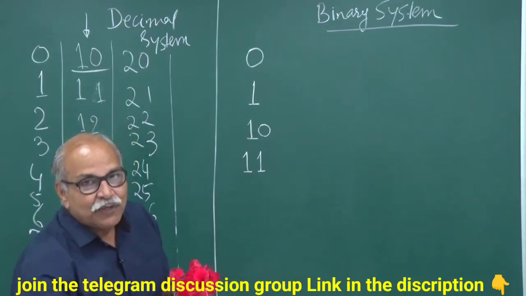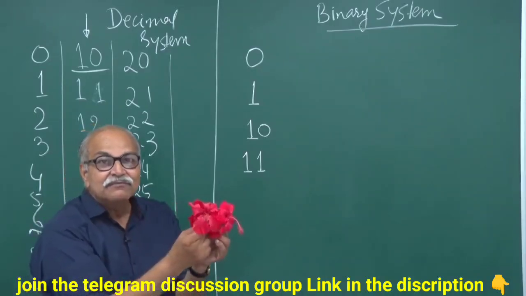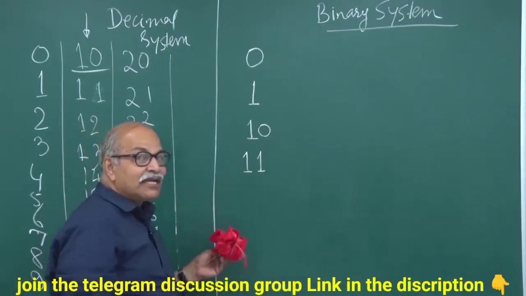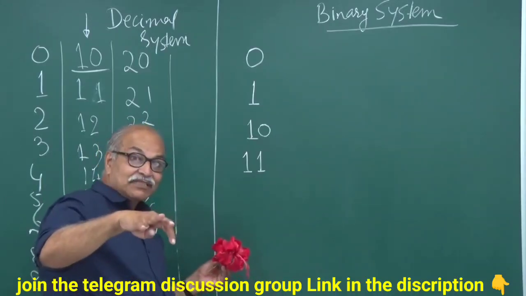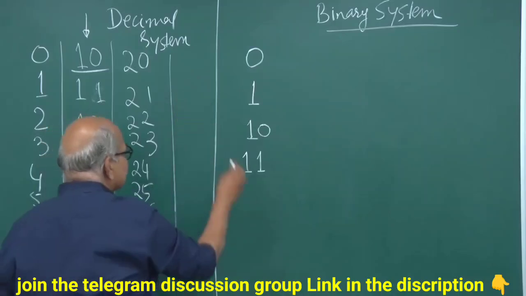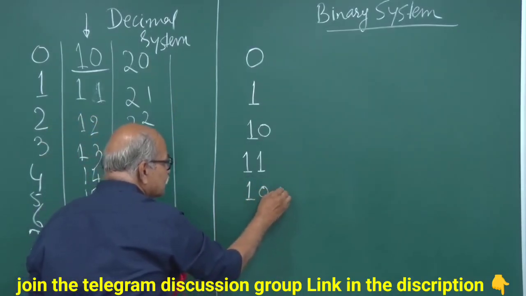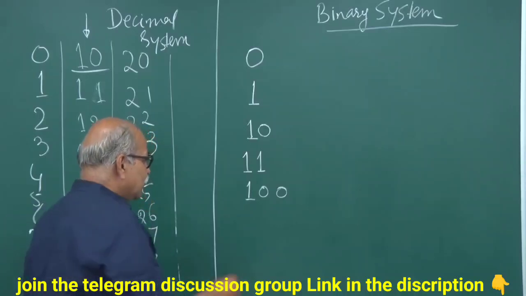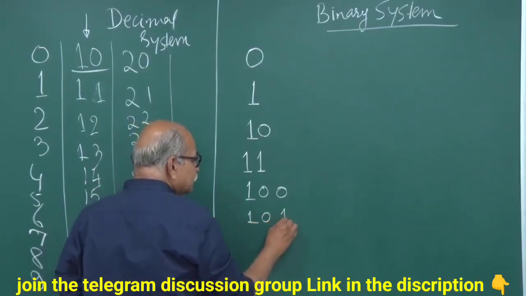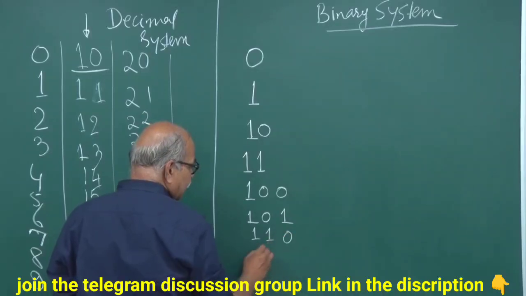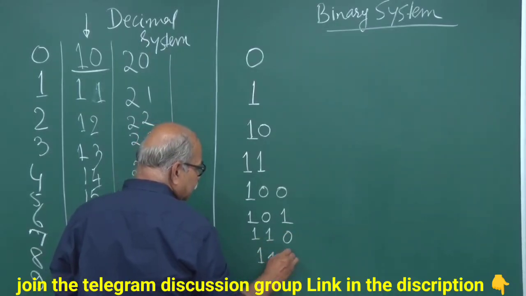So if I add one more flower in this bunch, I have to go to the next number, but next number has to be a 3 digit number, and the smallest 3 digit number I have to write, and we will write that 1 0 0. So this is how it will go. You increase one by one, so this will be 1 0 1, the next will be 1 1 0, and the next will be 1 1 1.